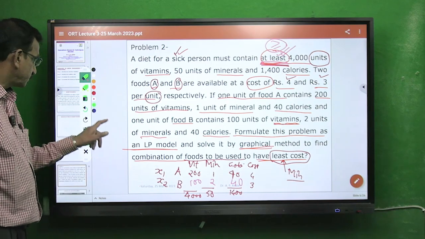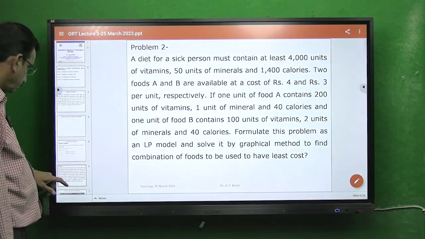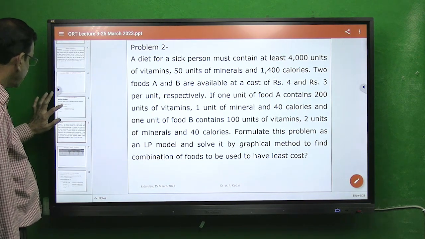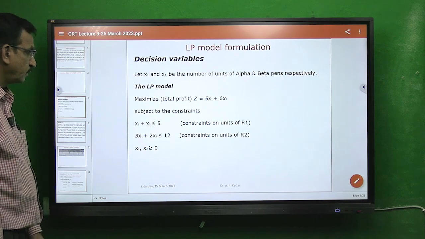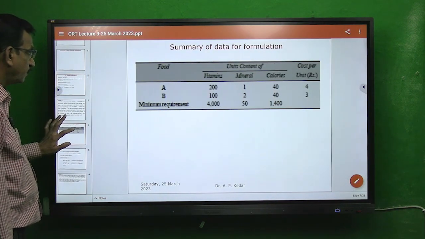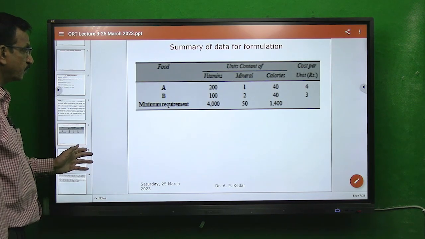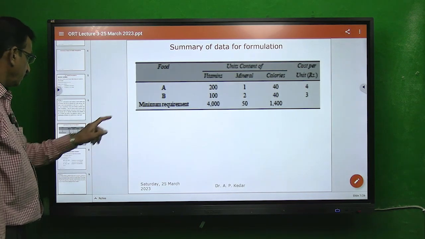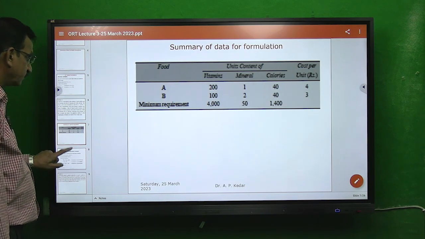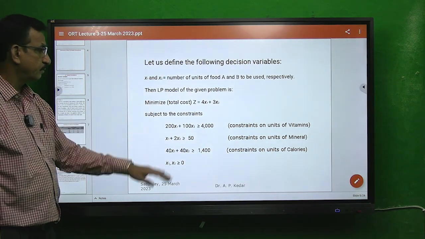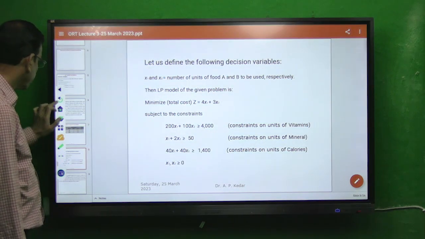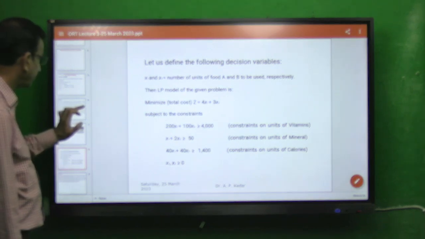Now we'll check how exactly the formulated version looks. See here, this is the summary table that we have just formulated and explained. We did it on our own, and this is the final linear program from the given data.